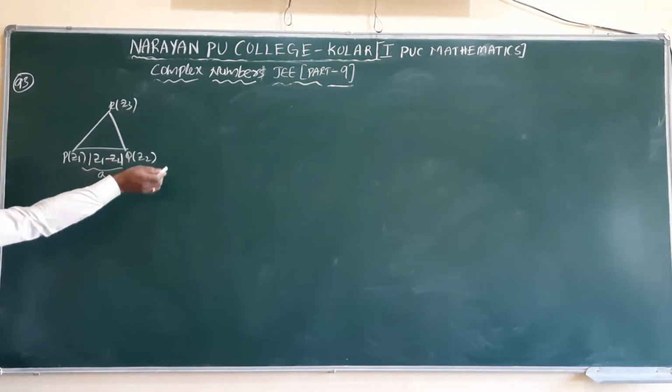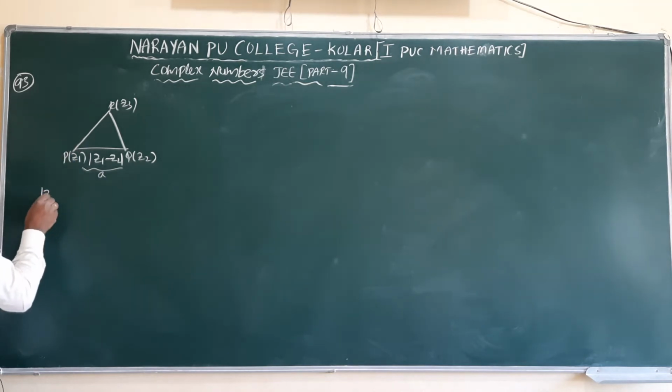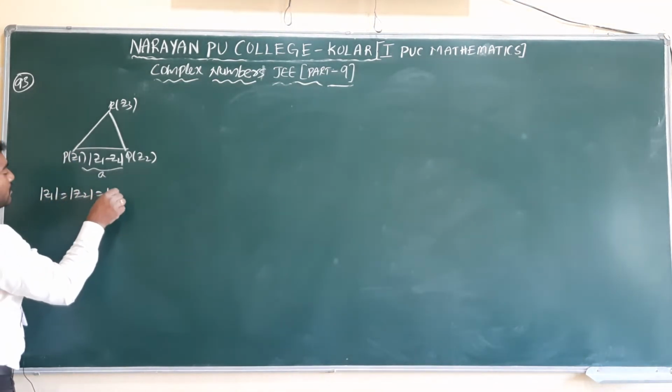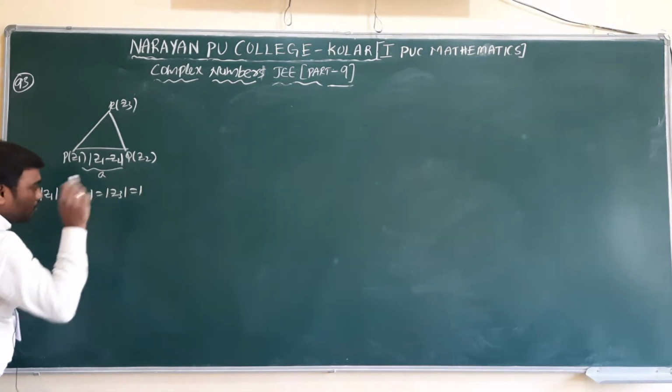Now we are given modulus of z1 is equal to modulus of z2 is equal to modulus of z3 is equal to 1.